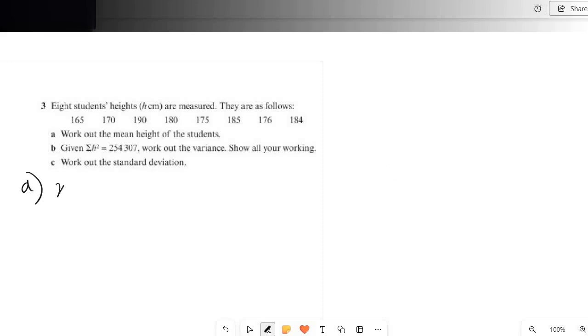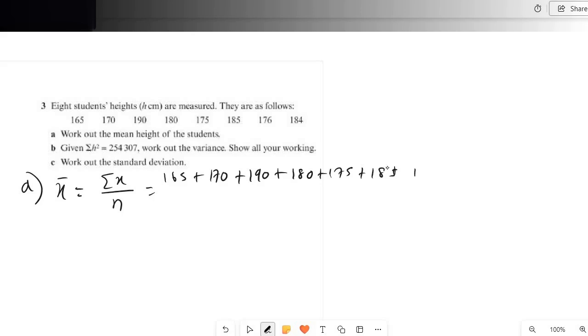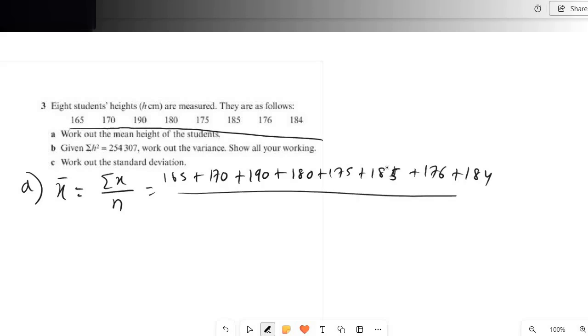If you remember the formula for mean, which was the summation of x divided by n, where summation of x is the sum of the data and n is the total number of data present. So here summation of x will be 165 plus 170 plus 190 plus 180 plus 175 plus 185 plus 176 plus 184, which is the summation of all the given heights here, divided by the total number of heights.